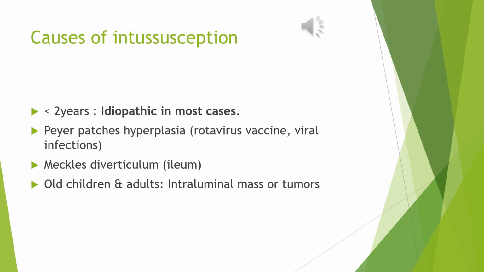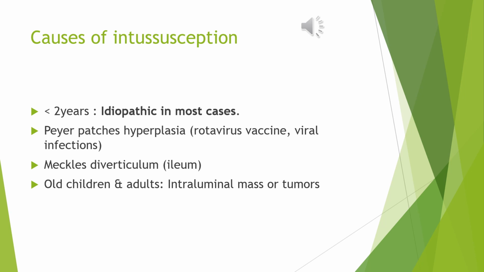So again, intussusception is the most common cause of intestinal obstruction under the age of 2. In most of the cases, it is idiopathic, meaning that there is no underlying cause. However, in other cases, the cause is usually lymphoid hyperplasia, that is Peyer's patch hyperplasia, which is usually associated with viral infection or with the rotavirus vaccine.